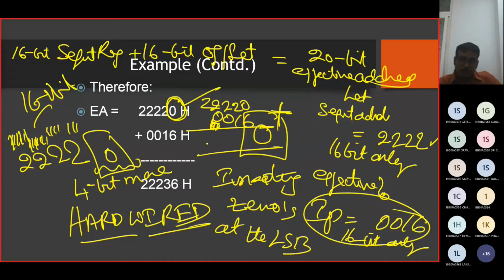What does this indicate? It indicates the value of 0016. So this will move to 22236.